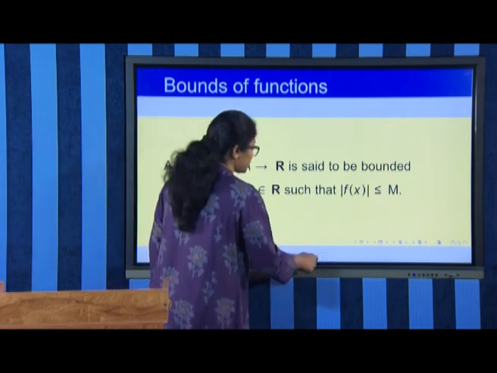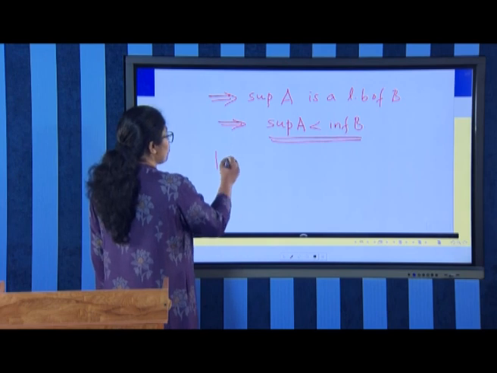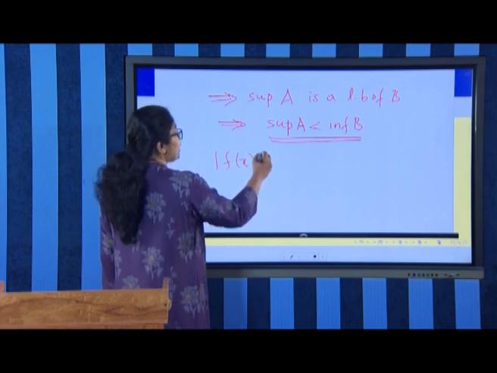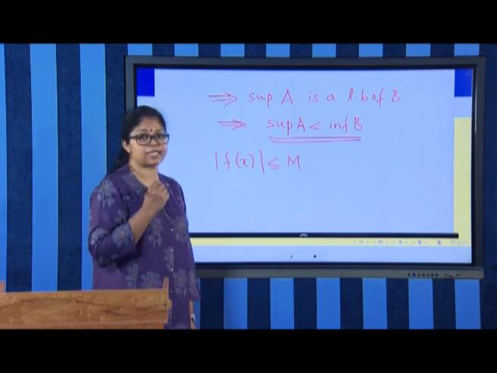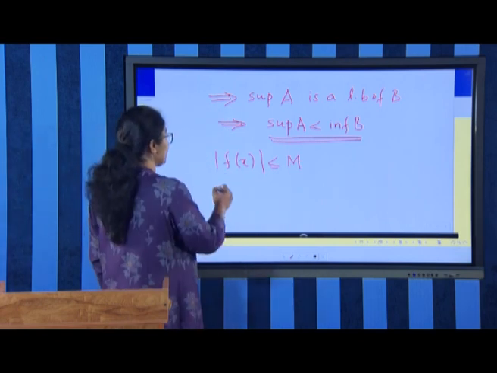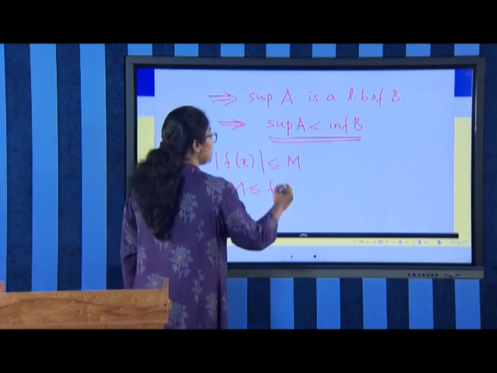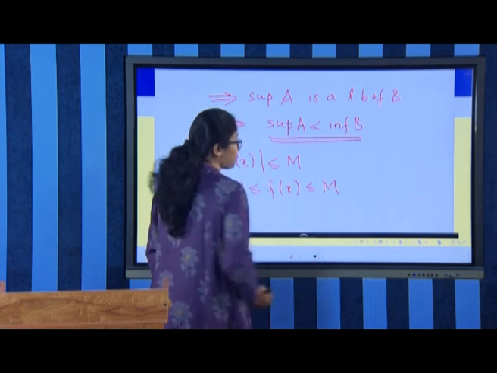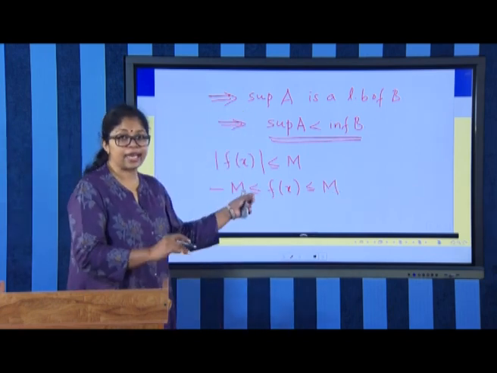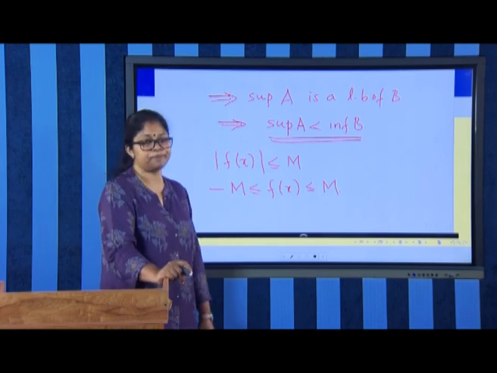Because this definition guarantees it. We have seen in the previous session, this can be equivalently expressed as negative M less than or equal to f of x less than or equal to M, so that this guarantees an upper bound as well as a lower bound.